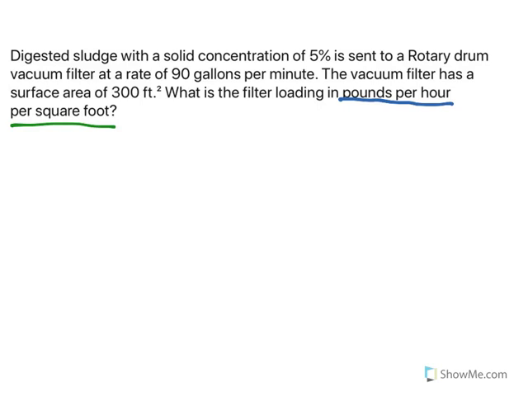So we are given square feet, the surface area of the vacuum filter, and we should know by now that pounds per hour per square foot means that we are going to have to calculate pounds per hour, and then per means that we're going to divide it by the surface area of this vacuum filter in square feet, which we've already been given.